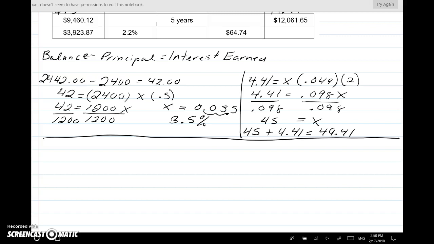Again, I would take my balance, which is $12,061.65 minus $9,460.12, and that's going to give me $2,601.53. So that's going to be my interest.